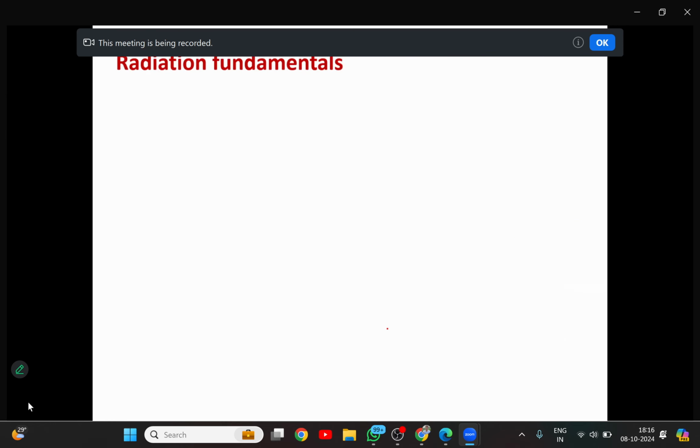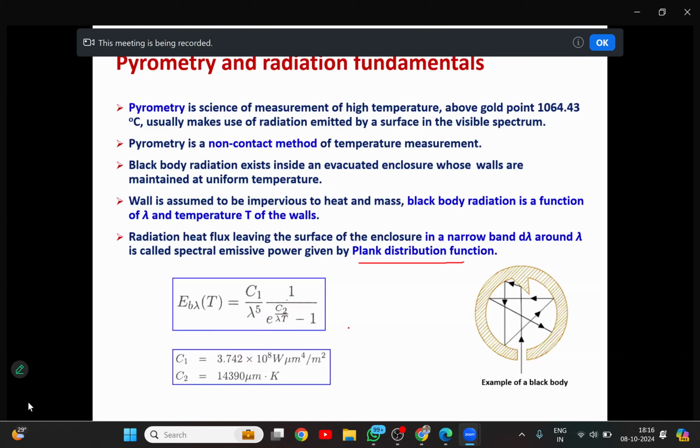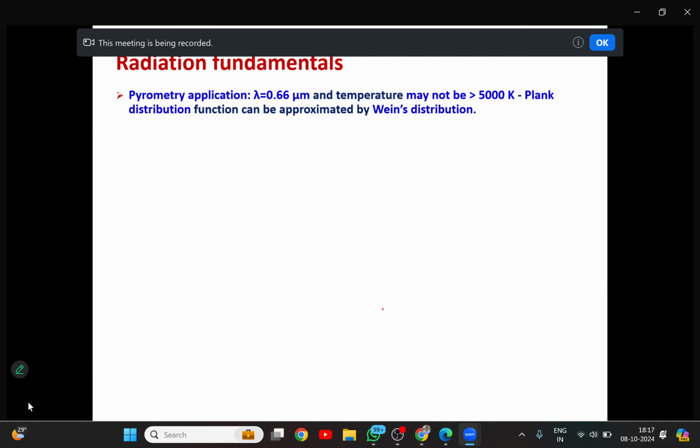Now, this Planck distribution function can be made simpler under certain conditions. Typically in pyrometry applications, as I said, you are talking about visible wavelengths. That means your lambda is about 0.4 to 0.7 micron or so.